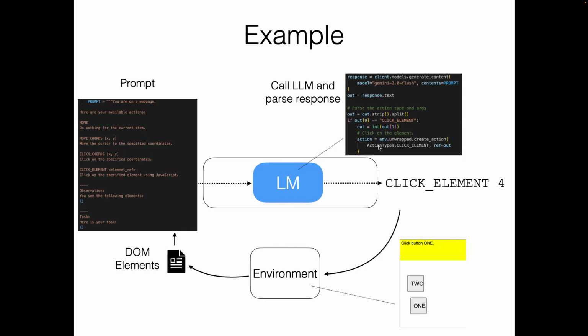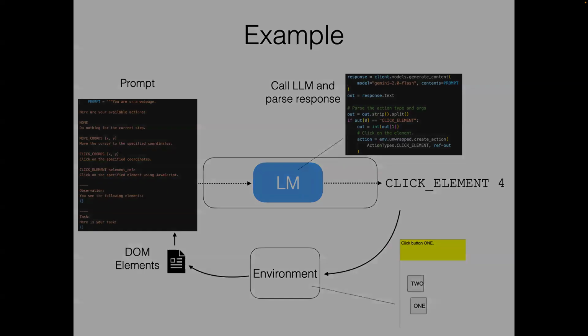Surprisingly, this is representative of the architecture that a lot of people use in most agent tasks today with language models. Of course, they get more complex, but the idea is you can represent things as text and then have your language model take these actions.